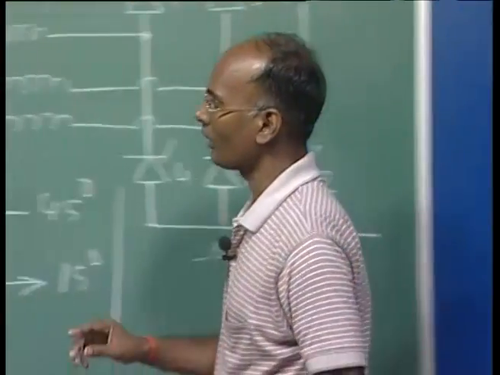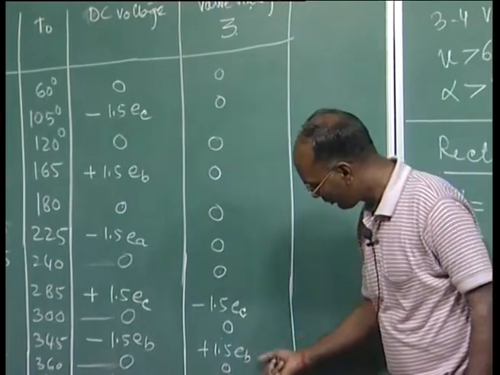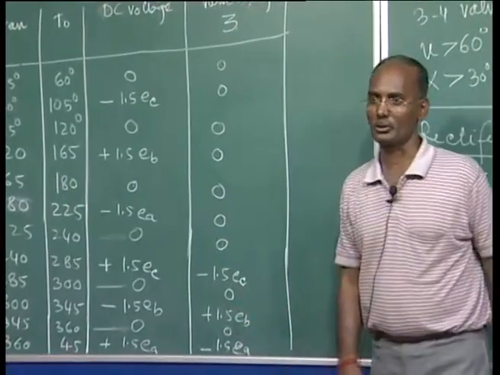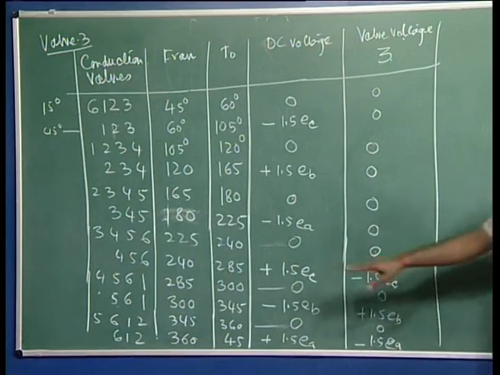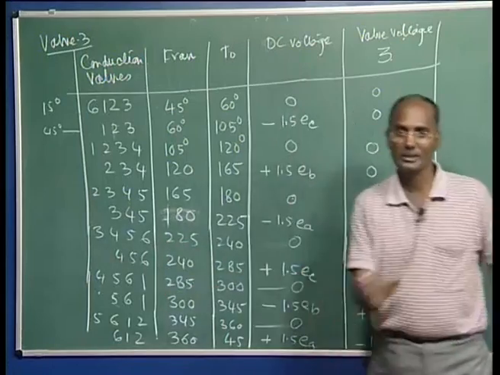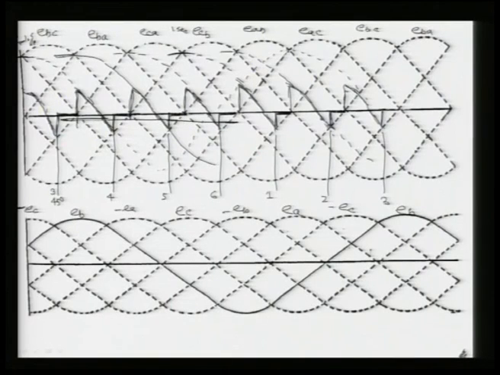Now, to draw the valve voltage, most of the time it is 0. Only during 3 valves it is not 0, otherwise it is 0. So, we can start further drawing the valve voltage, which I can draw just below this line. It will go up to when 6 is getting the pulse and it is still going. So, it will go up to 6 here, up to this point the value will be 0.